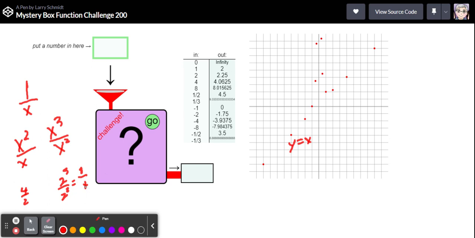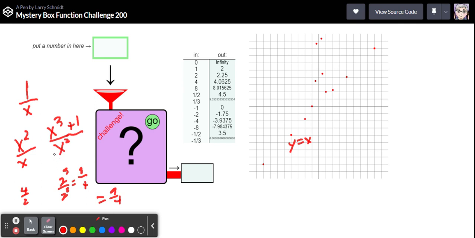I'm noticing fourths on the bottom of this fraction. What if we had 1 here, and then we'd get 8 plus 1? That'd be 9 over 2 squared, so that'd be 9/4. That would be 2 and 1/4. Does that work for just 1? If I put in a 1 here, yeah, we get 2 on top. 1 cubed is 1 plus 1 is 2, over 1 squared is 2.